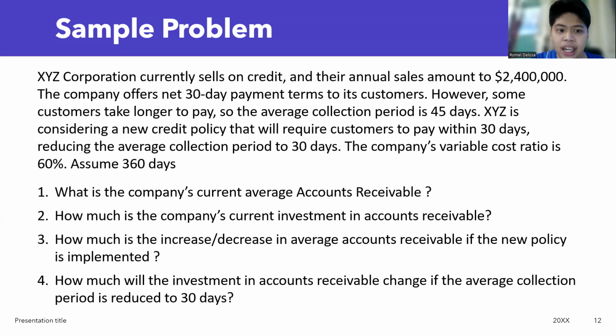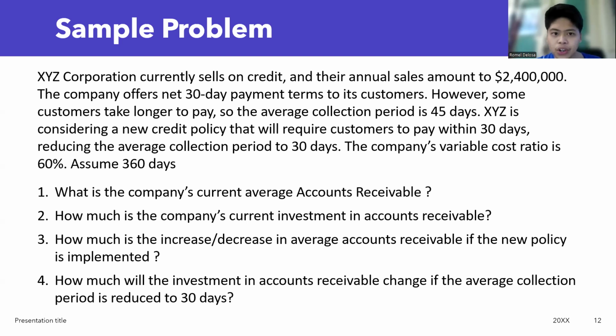XYZ is considering a new credit policy that will require customers to pay within 30 days, reducing the average collection period to 30 days. The company's variable cost ratio is 60%. Assume 360 days. So ang first na tinatanong sa problem na to is, what is the company's current average accounts receivable?